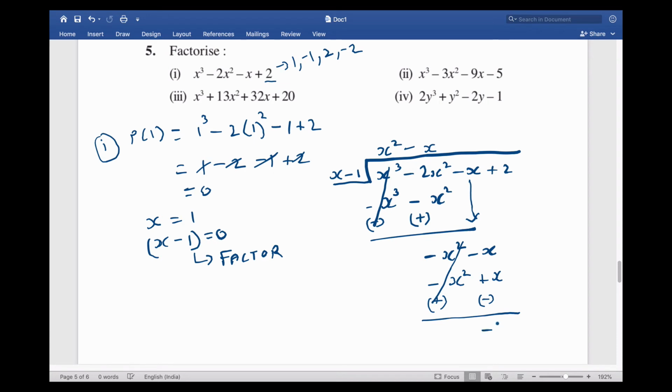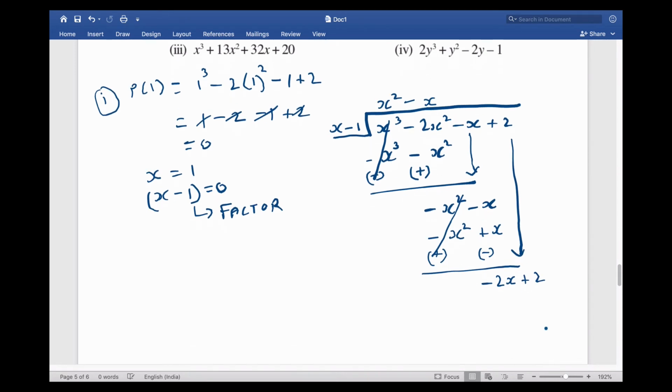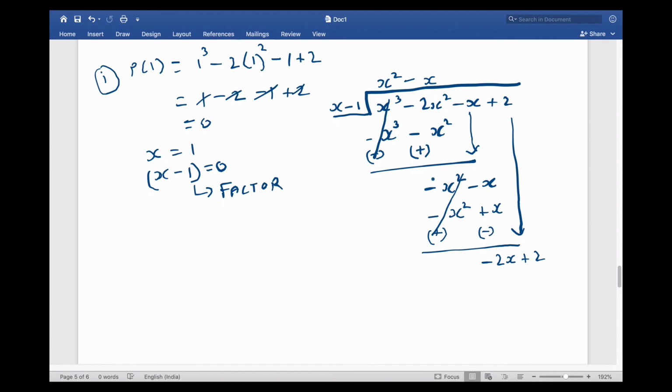This will give me minus 2x. This 2 will be brought down now, so I will get plus 2. Now I want minus 2x, so I will simply multiply with minus 2. So now I get minus 2x. Minus 2 into minus 1 will give me plus 2. The signs will now get reversed.